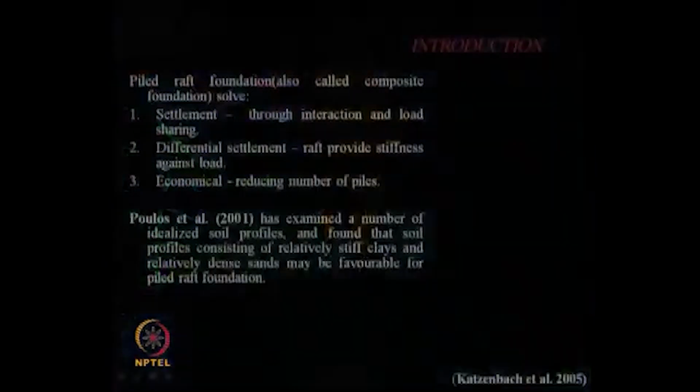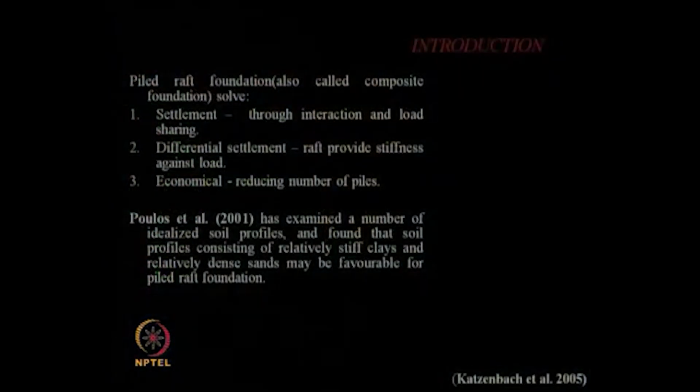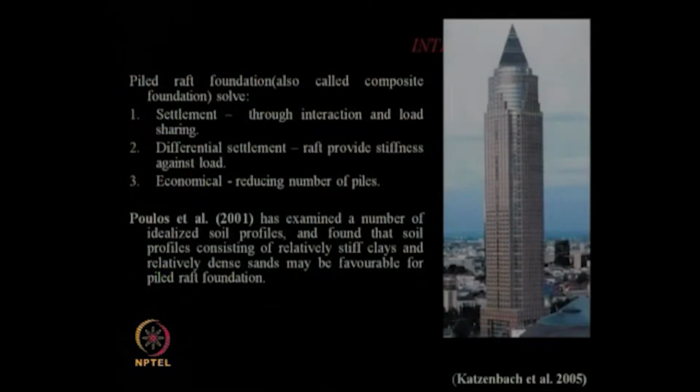First, to understand what a pile raft foundation is, let us go through this. The pile raft foundation is also called a composite foundation, because most of the time, as we know, above the pile there will be a pile cap. If you design that pile cap properly, it takes a share of the loading and the response coming from the soil pressure below the raft.